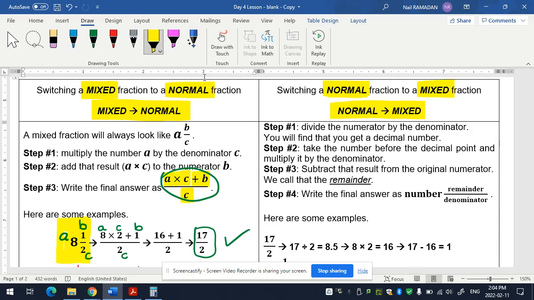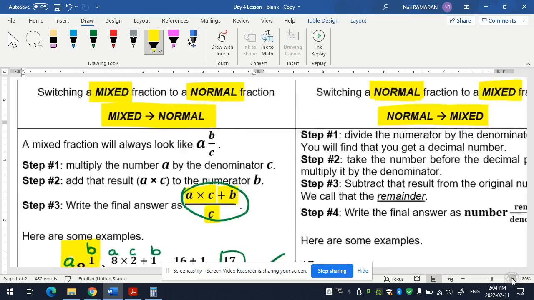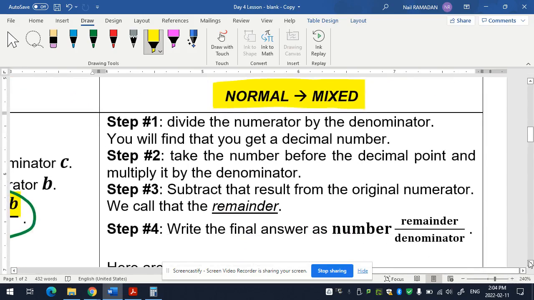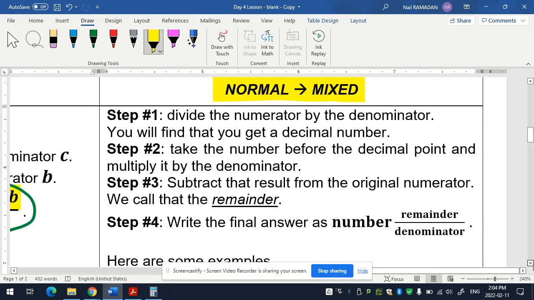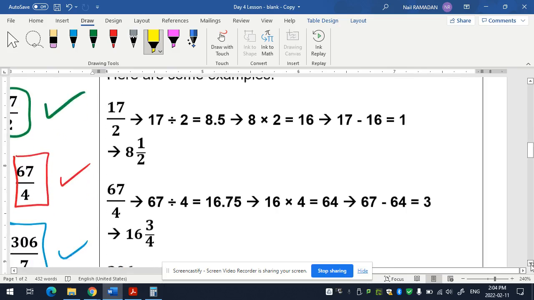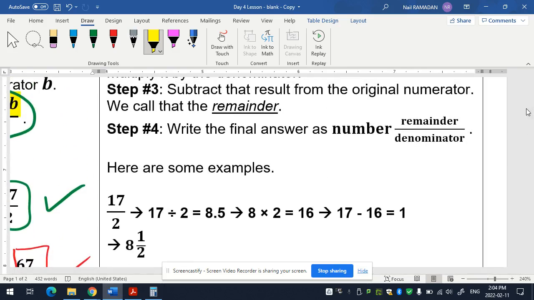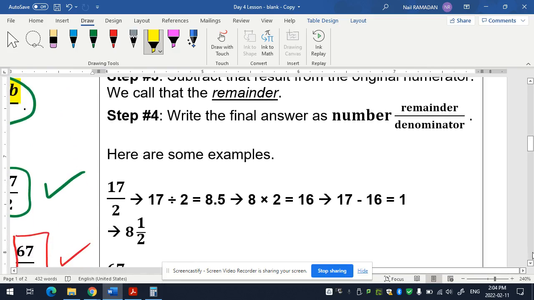Okay? So, everyone, let's see what's going on here. Pencils down. We're doing the second part, going back in reverse. Let me read from here. Everyone, eyes on me.